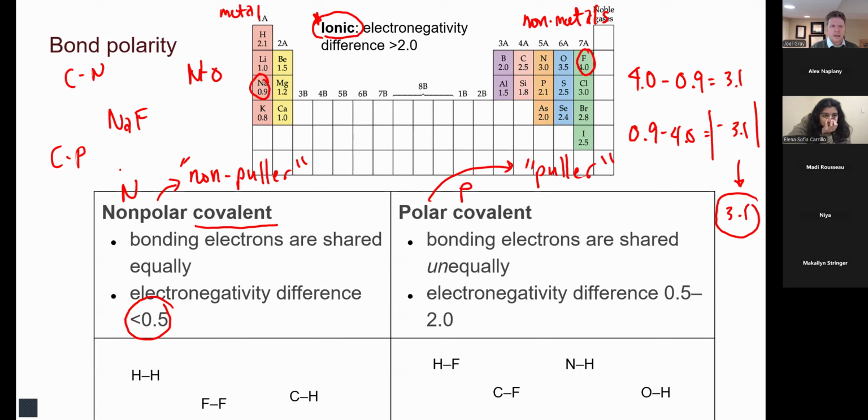Why is that? It's just been easier for me because you've got sharing of electrons, sharing of something, and there's a tug of war. Well, the one that is more electronegative is going to be pulling more than the other.